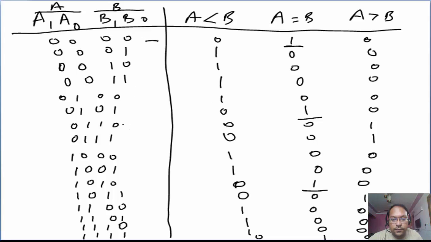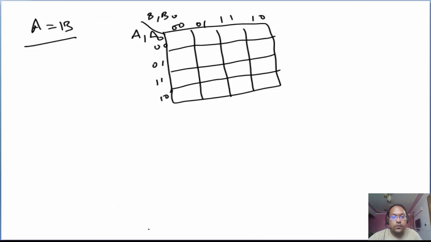This is the minterm, this is the minterm, this is the minterm, and this is the minterm. Okay, so let's fill it out. A will be equal to B when A1 A0 is 0 0 and B1 B0 is 0 0. Similarly here, here and here.